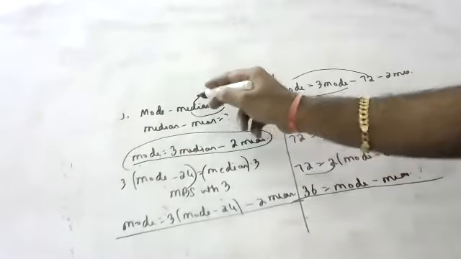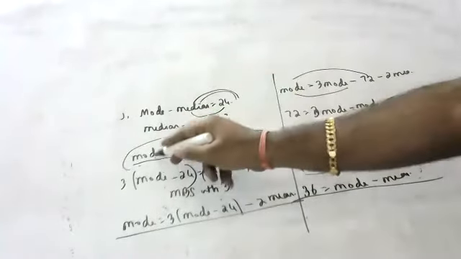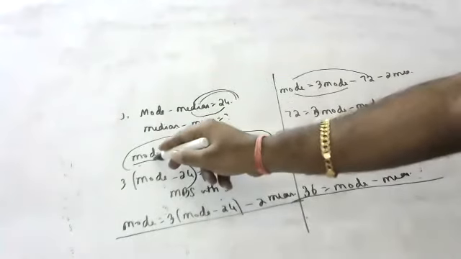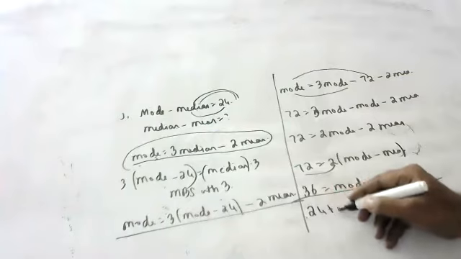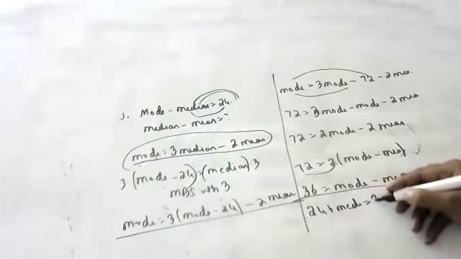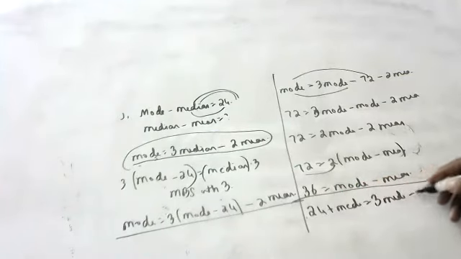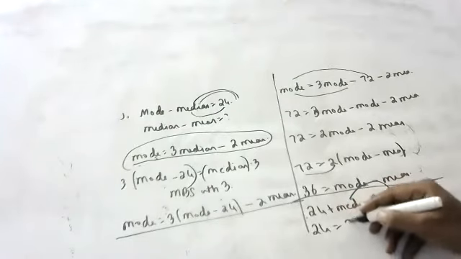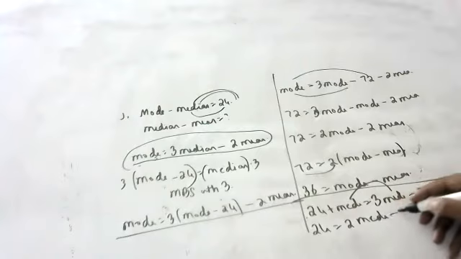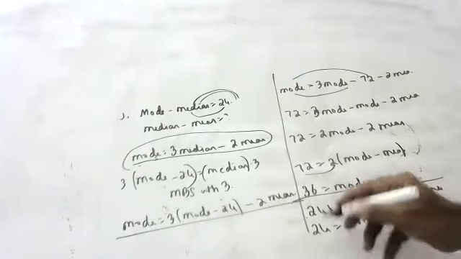So mode I can write as 24 plus median. I'm doing here 24 plus median is equal to 3 median minus 2 mean. Bring median here. 24 is equal to 2 median minus 2 mean. Take 2 common and send there.